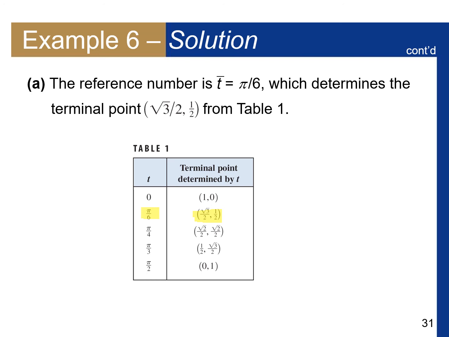Again, these are all of the values that you should know. And once you know these values that are in quadrant 1, you're also going to have to take a close look at these values that are in quadrant 2, 3, and 4 that correspond to these numbers.